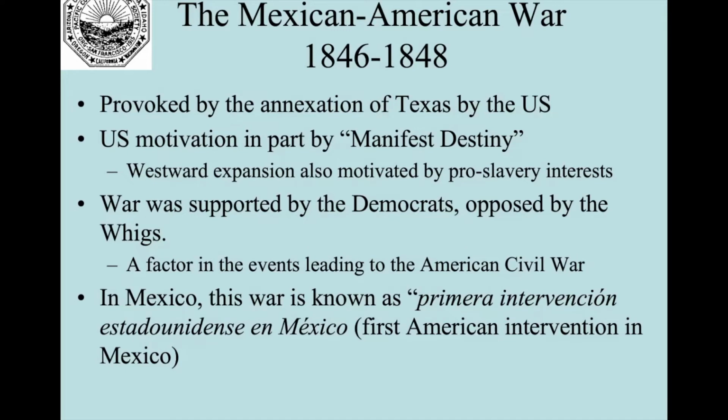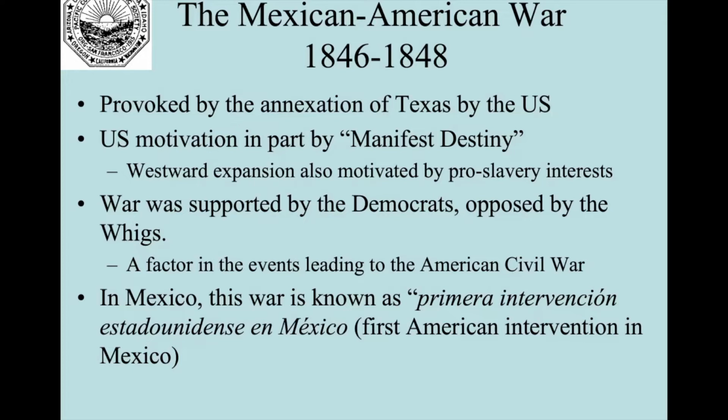So, naturally, one would like to know what some of the causes are. Well, like anything, it's complicated, but one of the direct causes was the annexation of Texas by the United States. Now, some years earlier, Texas had fought its War of Independence from Mexico, the Alamo and all that.